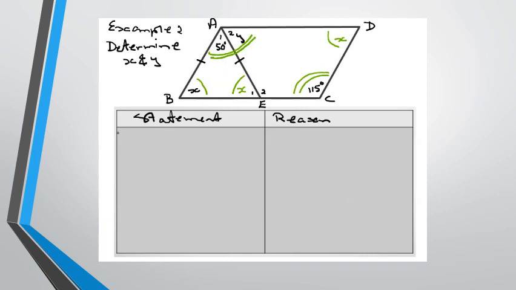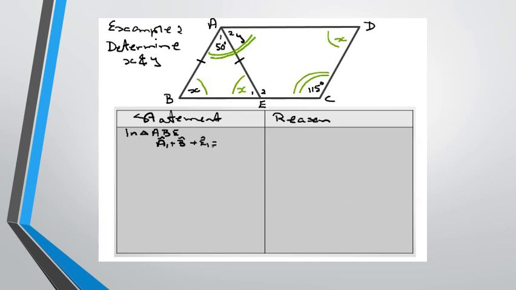So I would like to start by making my statement here, where I would like to say in triangle A, B, E. What's going to happen now in that triangle is this. I'm going to say angle A, and it's not just any angle, it is angle A1 plus angle B plus angle E1.